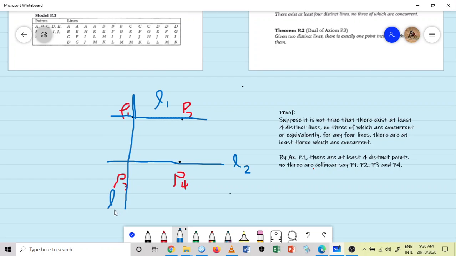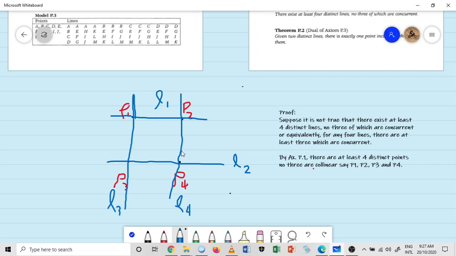Let us call it L3. And a line containing P2 and P4. We say line in this context, it's not necessarily straight, for as long as these are just representations.